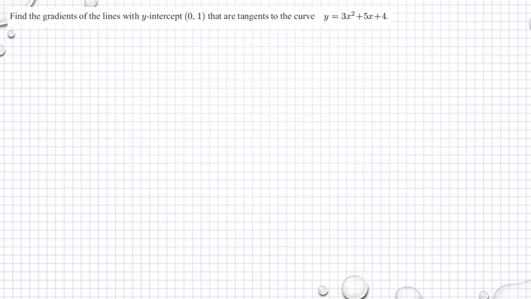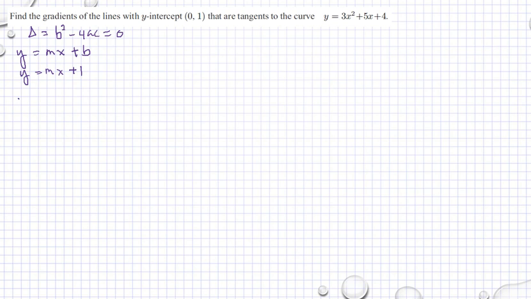That means they are still tangents, so our discriminant b squared minus 4ac is still equal to 0. And our function is in this form, mx plus b, and our b is 1. So we have mx plus 1.